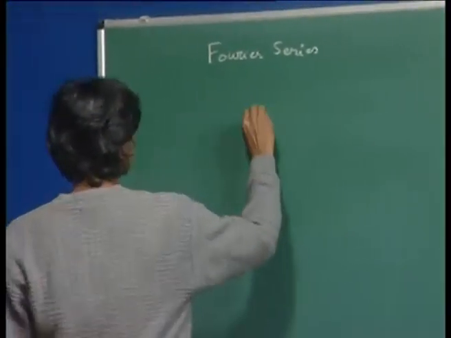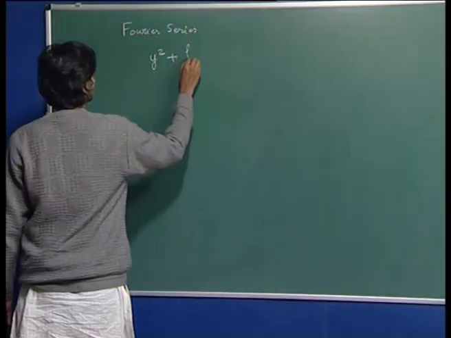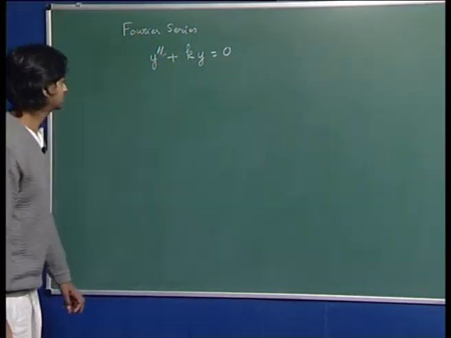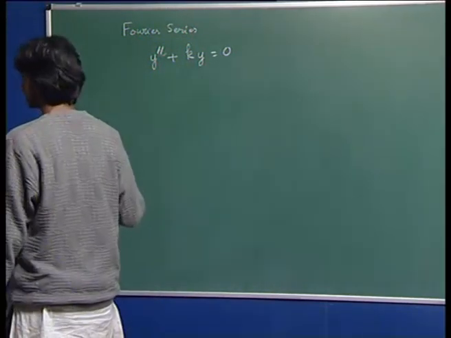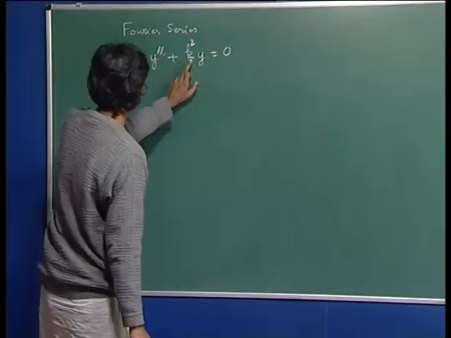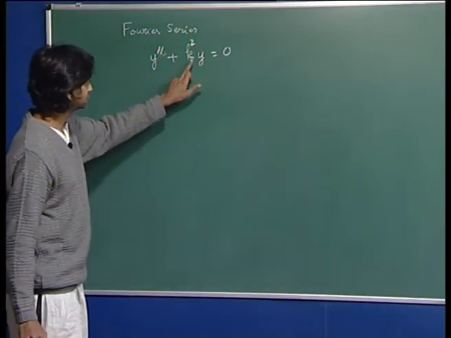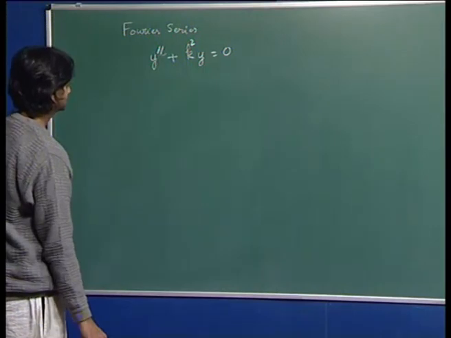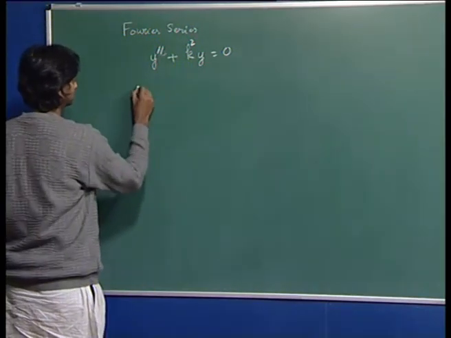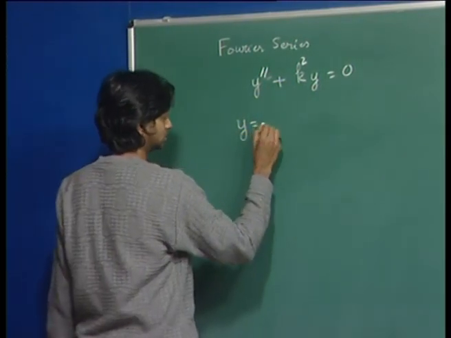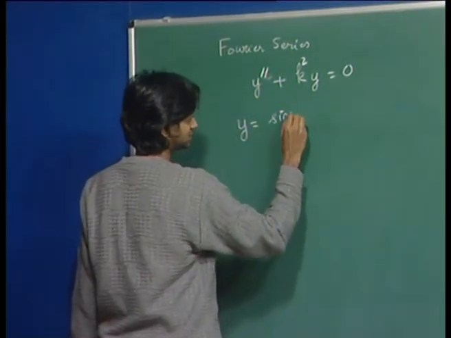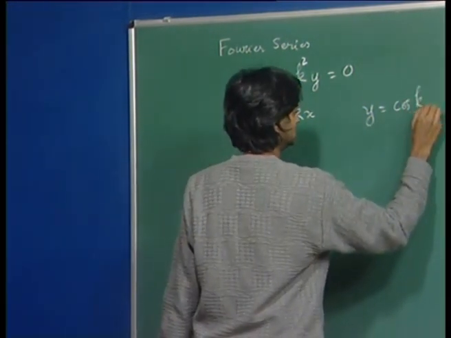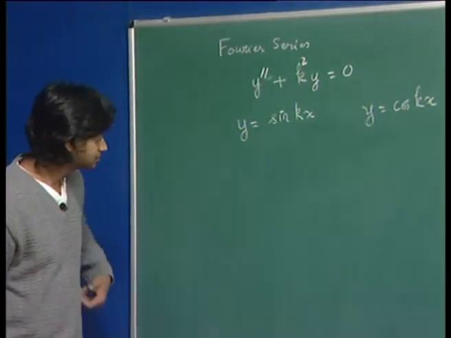So, suppose you had a differential equation y double prime plus k squared y equal to 0. Choosing k squared will ensure that the coefficient of y is positive. Then you can easily show that y is equal to sin kx and cos kx.